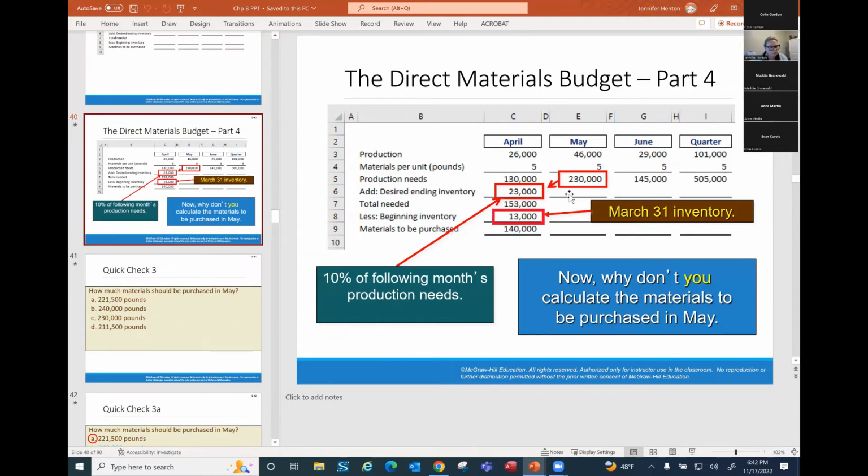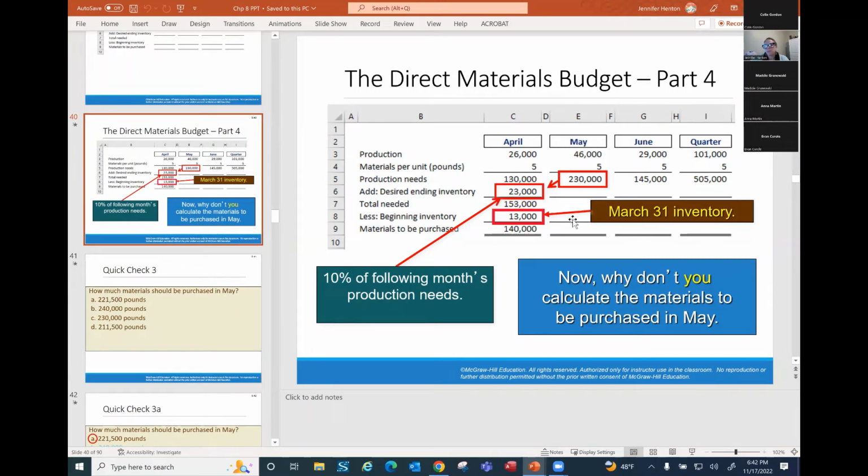So remember, we've got to look to the next month to see how many pounds we need. 145,000. Multiply it by the 10%. So that's 14,500. I have to add that to the 230,000. So I have 244,500.